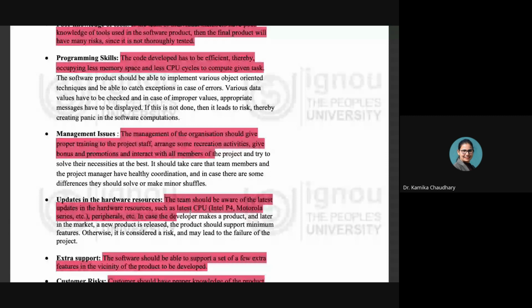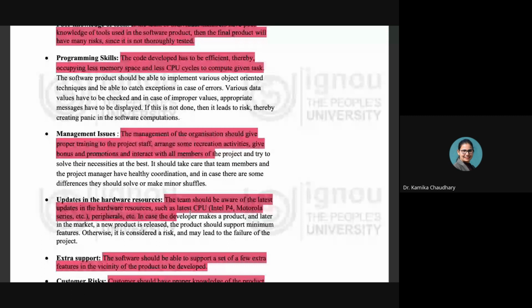Means if the project staff is happy, then only there should be an expectation of developing a good software, right? If there are any managerial issues existing in the organization, obviously they are going to affect the development of the project also, because that is ultimately going to lead to bad coordination among the people involved. And that is going to affect the overall development, the overall schedule, or overall quality of the software projects.